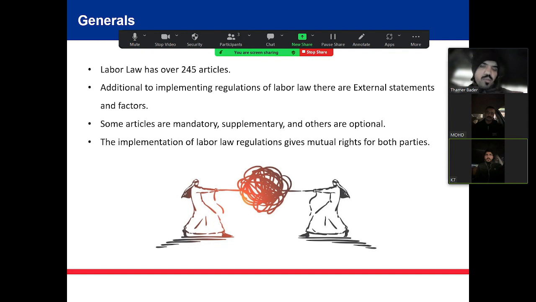Let's ask a question. What is the purpose of optional articles, Mr. Khalaf? Actually, Mr. Thamer, in my opinion, the purpose of optional Saudi labor laws is that each organization can fit them with its own sector. Nice.